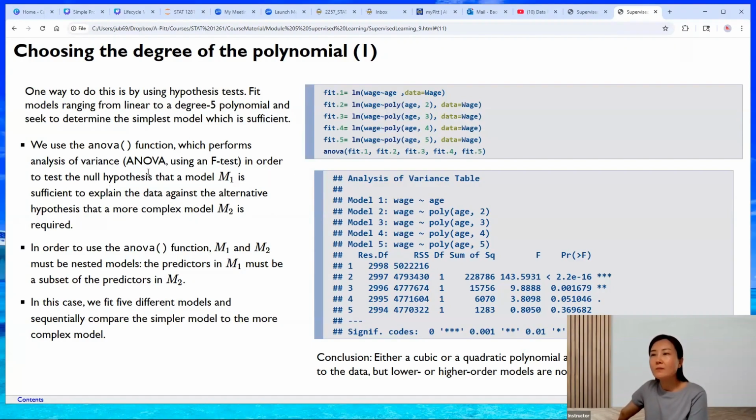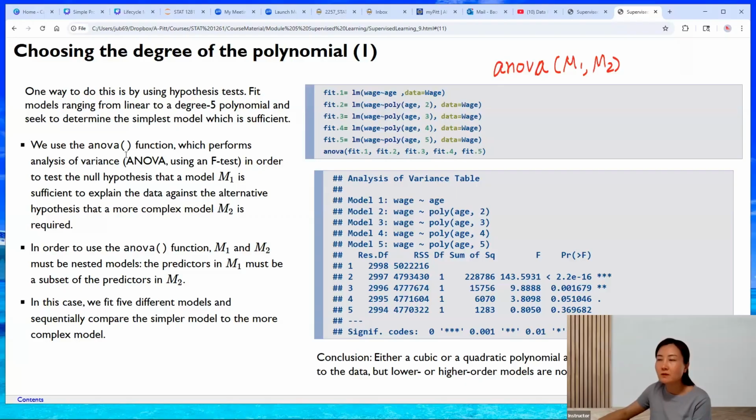And how to compare them? We can use the anova function in R to do analysis of variance F test. This anova function can be used to compare, for example, at least 2 models, M1 and M2, to test the null hypothesis that M1 is sufficient to explain the data against the alternative that you need a more complex model, M2.